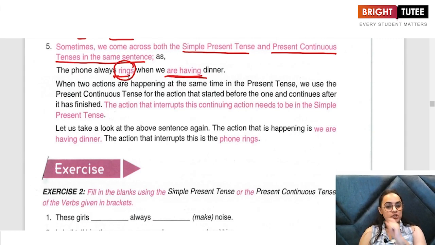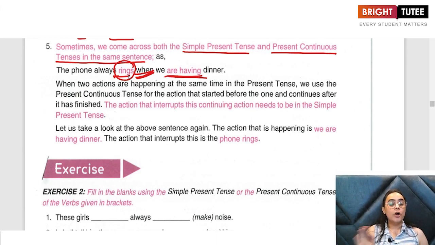Now, when you come across the word when, where two sentences are joined using when, in those sentences we use the simple present tense in the first position and the present continuous tense in the second position. This is something that you have to keep in mind.